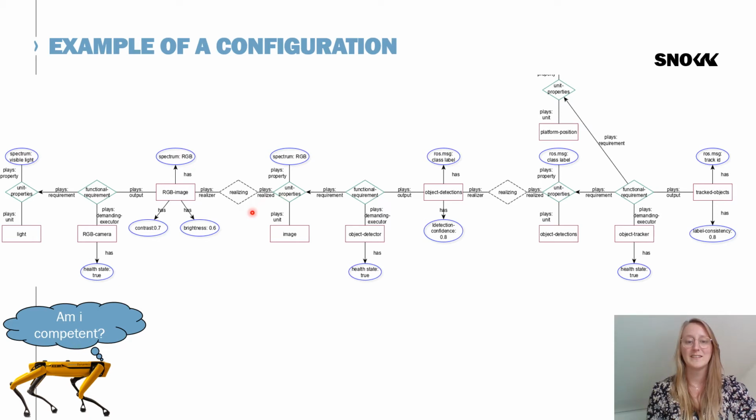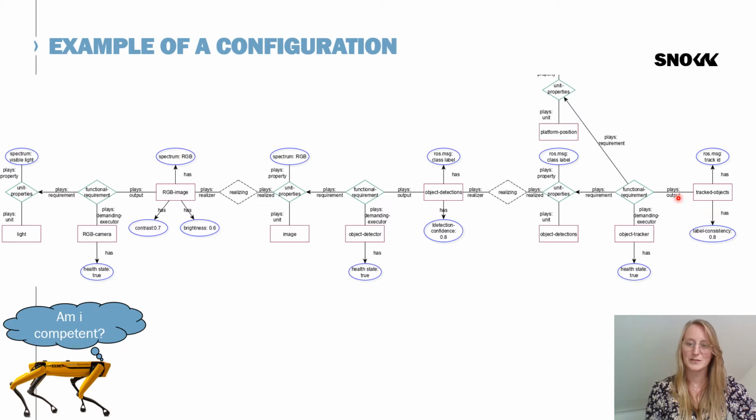They are all linked together, and this is why we call this part of the configuration. I will go through this starting from the right. We might want an output of tracked objects with, in this case, a label consistency of 0.8, and we can check what components we need and how this quality came about.